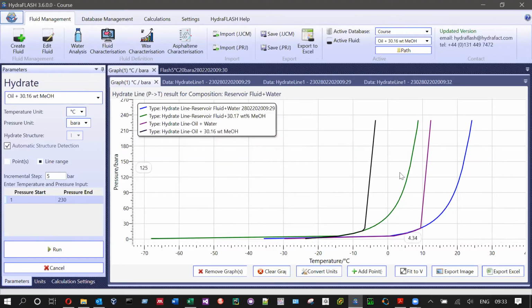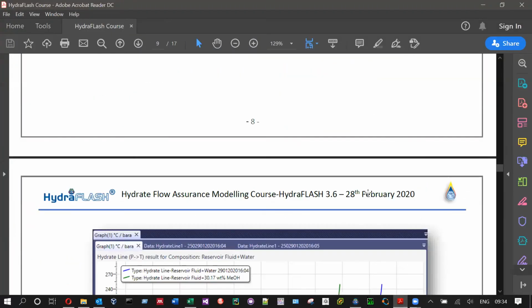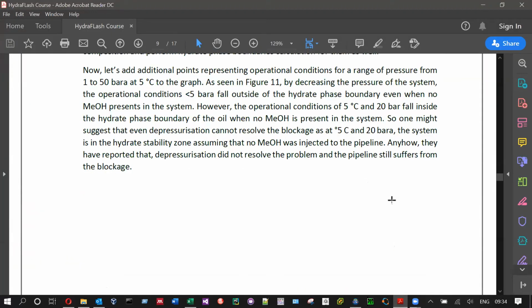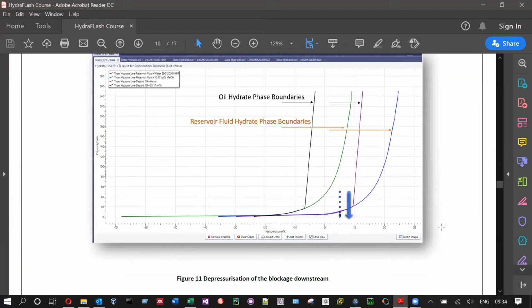So these are straight lines when it's straight after the bubble point. These are the hydrate phase boundaries after depressurization, and these are the hydrate phase boundaries when there are gas, reservoir fluid, and water or methanol. So let's get back to figure 11.